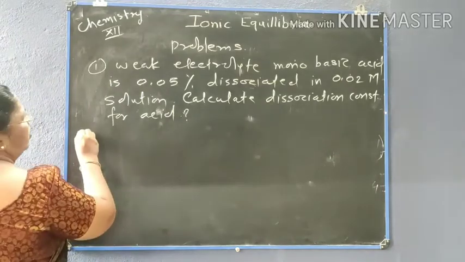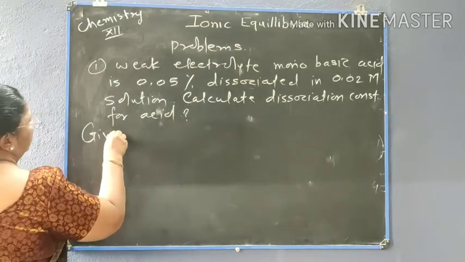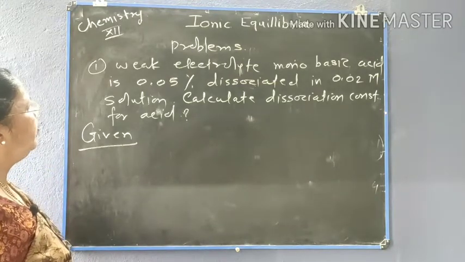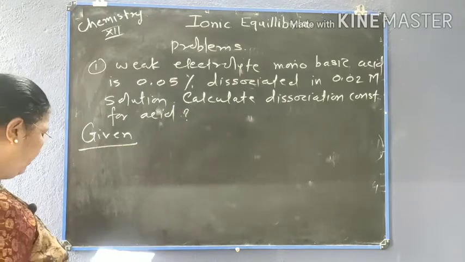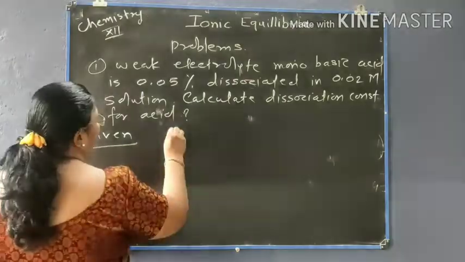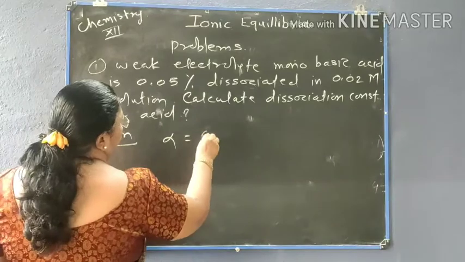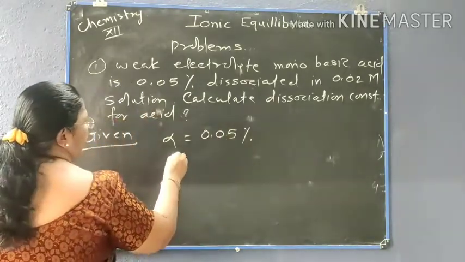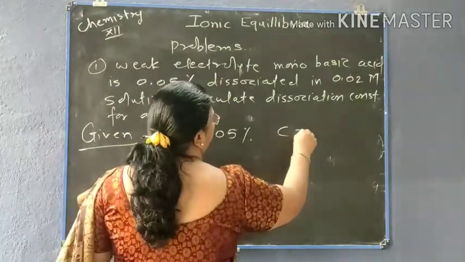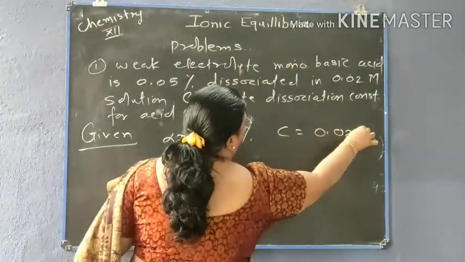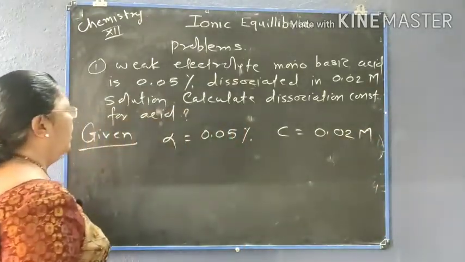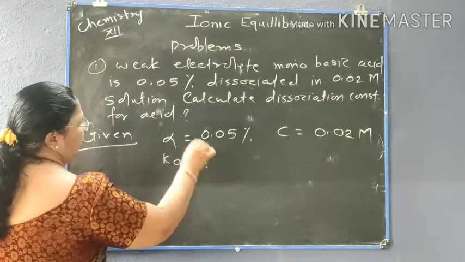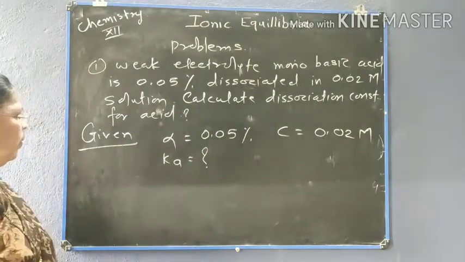Here the given data: 0.05% dissociated, which means the degree of dissociation alpha is 0.05%, and the concentration C is equal to 0.02 molar. Then you have to calculate Ka, the dissociation constant for the acid.